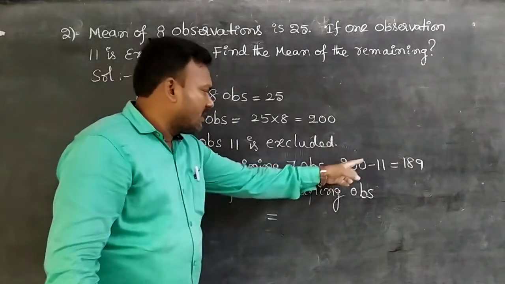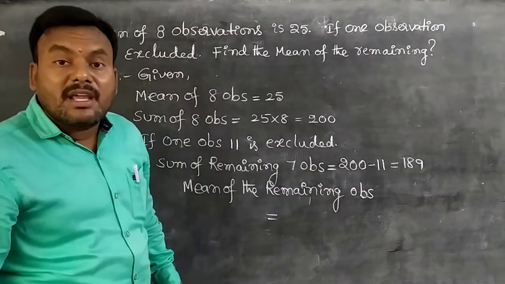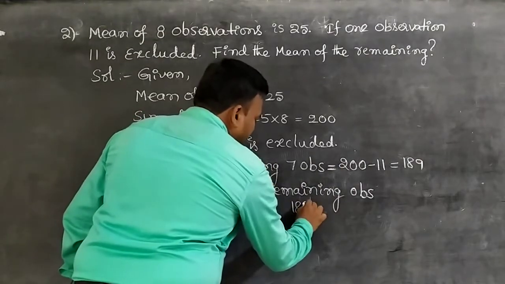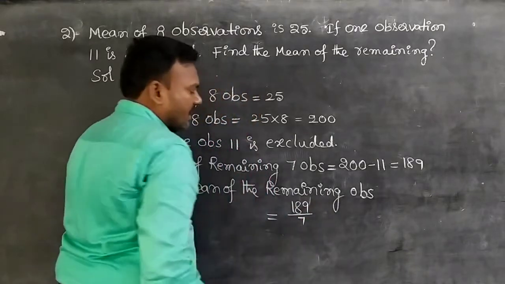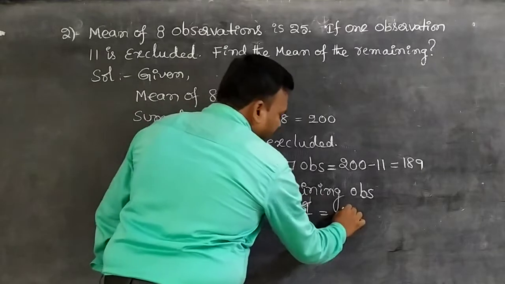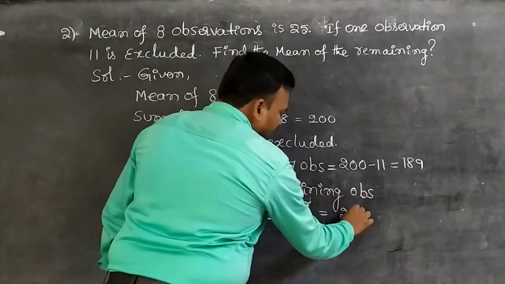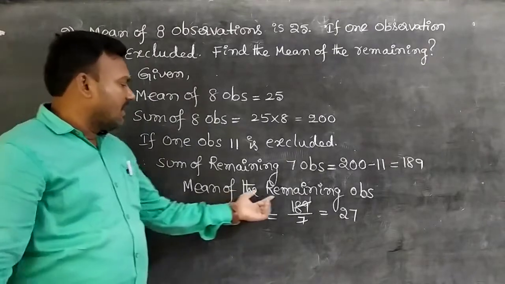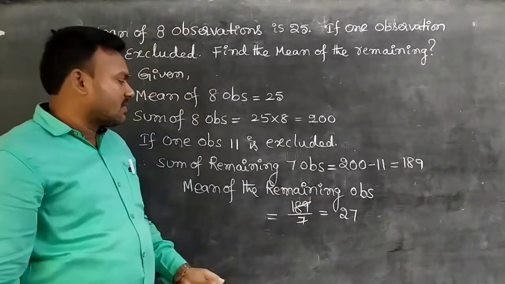Here the sum of 7 observations is 189. So 189 by 7. Strike it off with 7: 7 twos are 14, 7 sevens are 49. This is the mean of the remaining 7 observations, students.